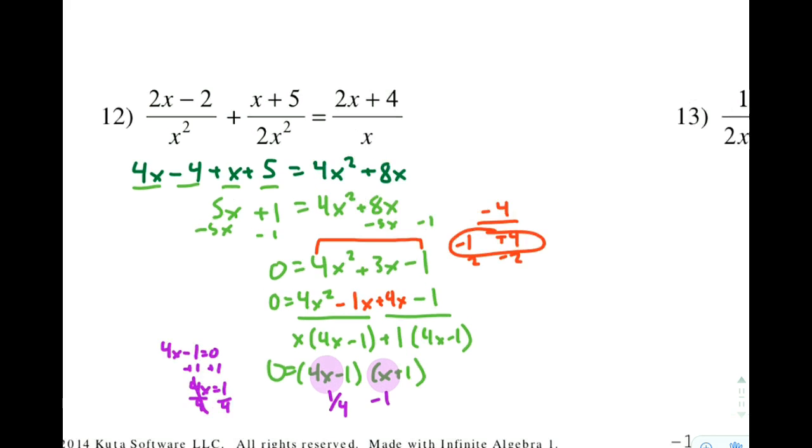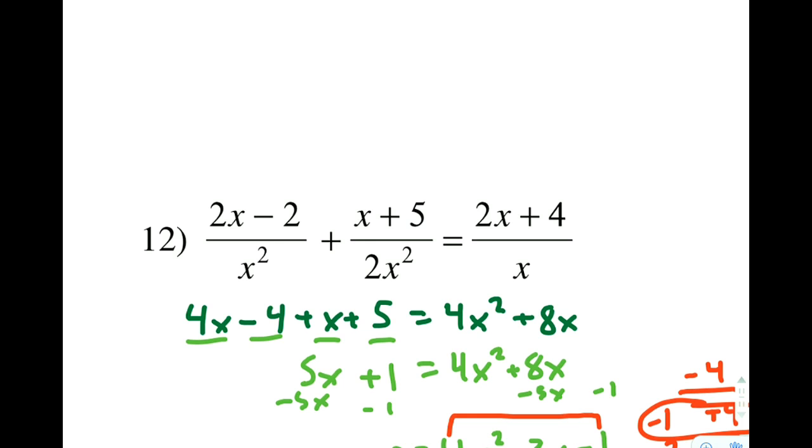Let's start out with 1/4. 2 times 1/4, you can do that in your head or in your calculator, is going to be 1/2 minus 2 over 1/4 squared is going to be 1/16. 1/2 plus 5, I'm going to write that as 5.5 for now, over 2 times 1/16, because 1/4 squared is 1/16. So 2 times 1/16 is 2/16, or 1/8.